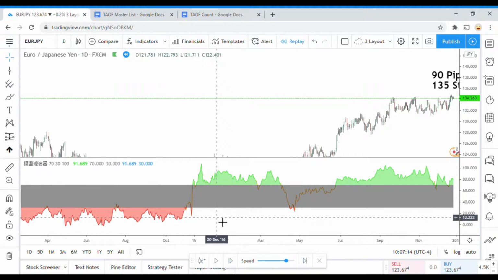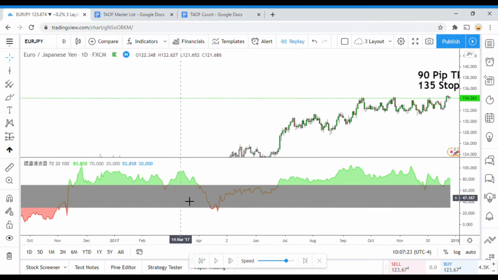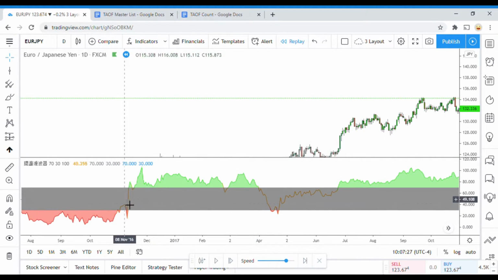And so basically this filter is a lined filter. It has this middle area which is like a choppiness zone. And you have the main oscillating line here that crosses up above the 70% marker.